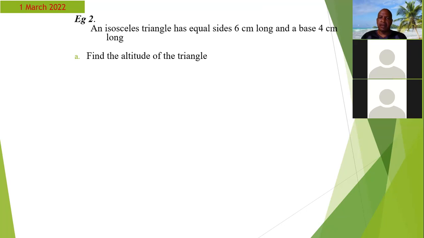Is everybody okay with the word altitude? Sir, height. Okay, so it is the height from the apex to the base. It's a vertical line from the apex to the base that they're asking you to measure. With that said, you may start the question. If the Zoom runs out, you know exactly what to do, guys. I'll give you a couple of minutes to do this question, probably about 5 minutes or so.